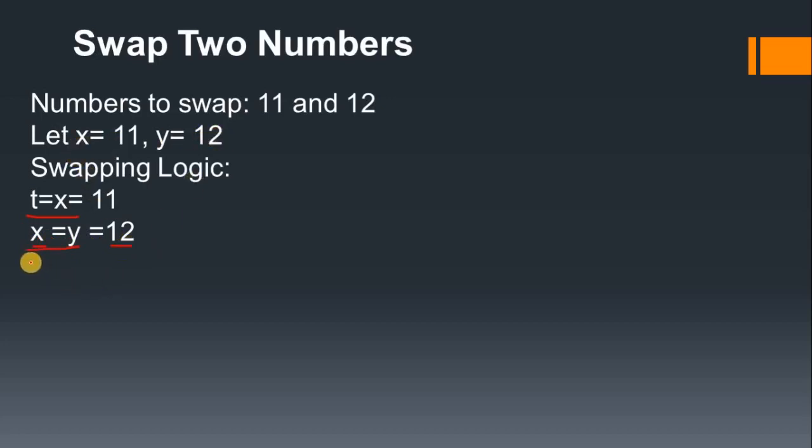And our 50% target is over. Then our next statement will be y equal to t. So y will take the value from t, and t value is already 11 because t has taken the value from x. That is the reason t value was 11, so y will become 11.